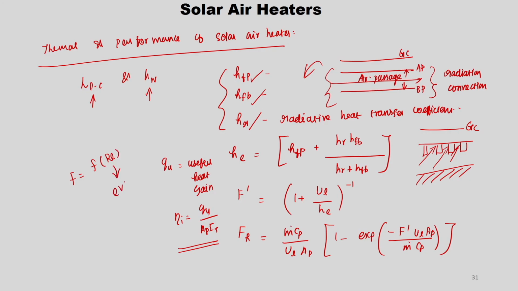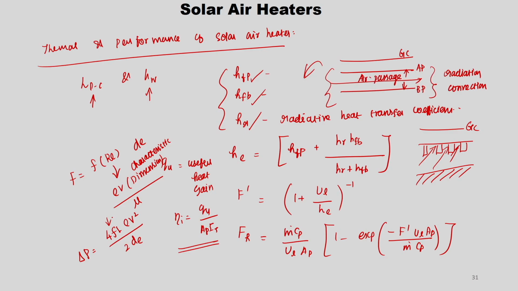Reynolds number is rho V, characteristic dimension, here the equivalent diameter, upon mu. From there you calculate the friction factor, and then you use the formula of pressure difference, which is nothing but 4 f L rho V square upon 2 dE, where dE is the equivalent diameter.